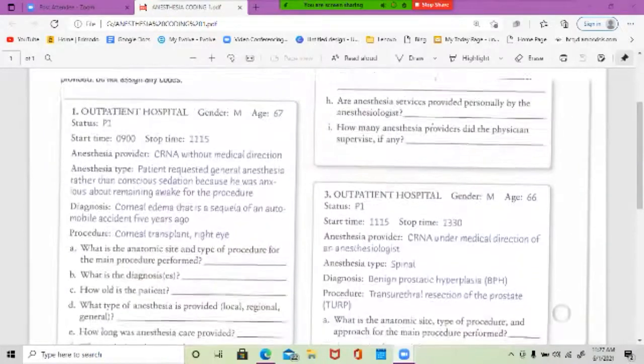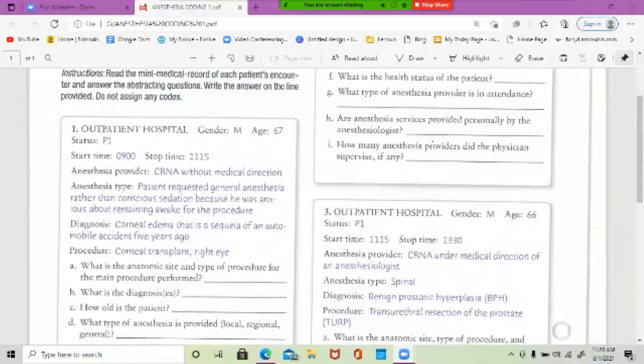Okay, and how many anesthesia providers did the physician supervise, if any? Jada? None. Making sense?